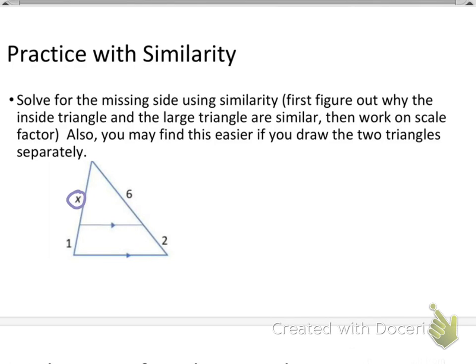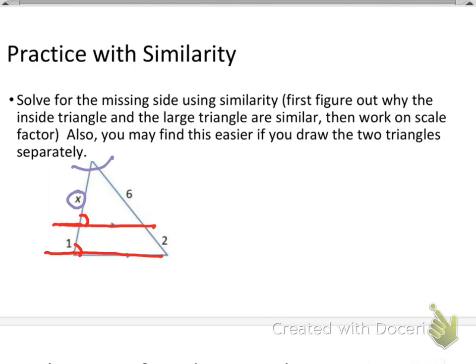So first off, why are these 2 triangles similar? Well, that's kind of an interesting thought. So they are similar. I'm going to tell you they have a common angle here. And then what's happening is, you don't know this yet, but I will give you a little heads up, this angle is going to be equal to this angle because they are corresponding angles. We covered this in the last chapter. Do you see how these lines are parallel right here and continuing?